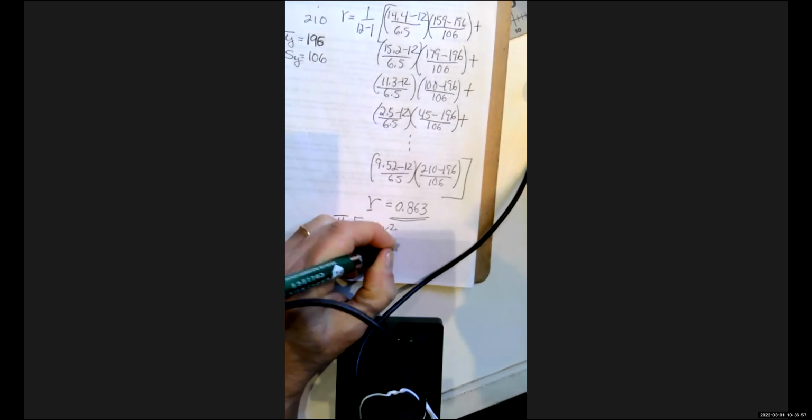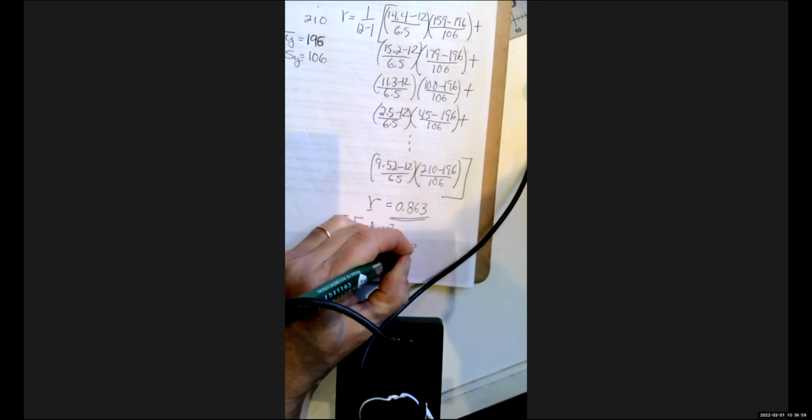So another thing that we're going to calculate is r squared. The relationship between r squared and little r is we're going to take little r and multiply it times little r. So r squared is literally the square of the value of little r.